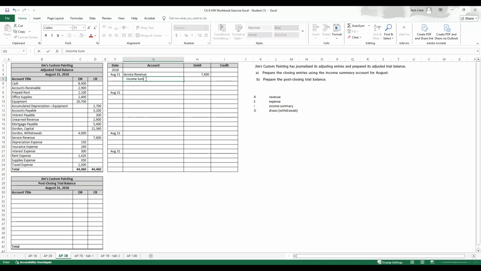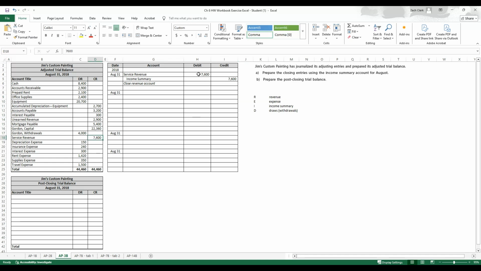Then we're going to use the income summary method. For each of these closing accounts that impact the revenues and expenses, we're going to close those into the income summary account. So as you can see, we started with revenue.